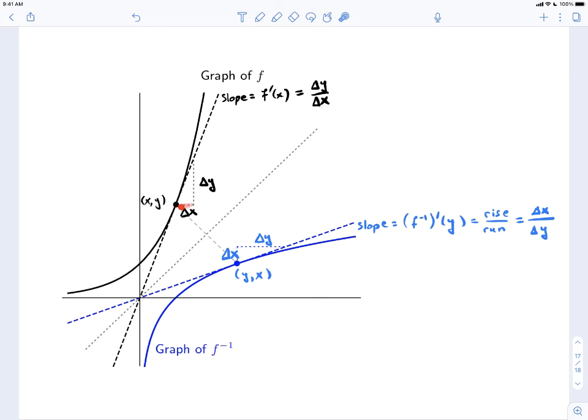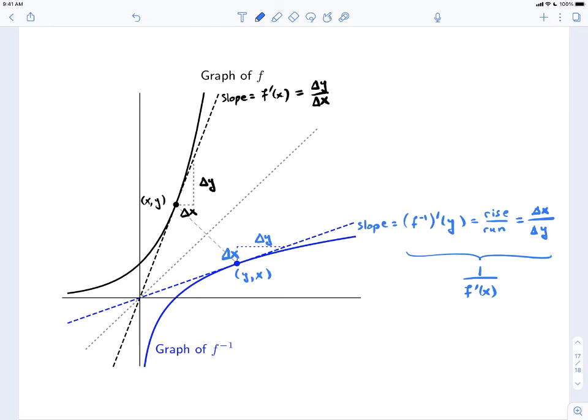So the difference of the x's becomes the difference of the y values, and the difference of the y's becomes the difference of the x values. So you end up with not delta y over delta x, but the reciprocal, delta x over delta y. So this, in fact, is the reciprocal. It's 1 over f prime of x.